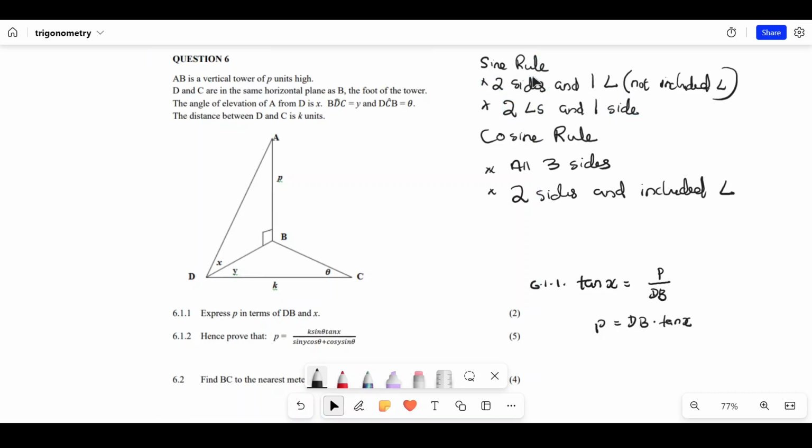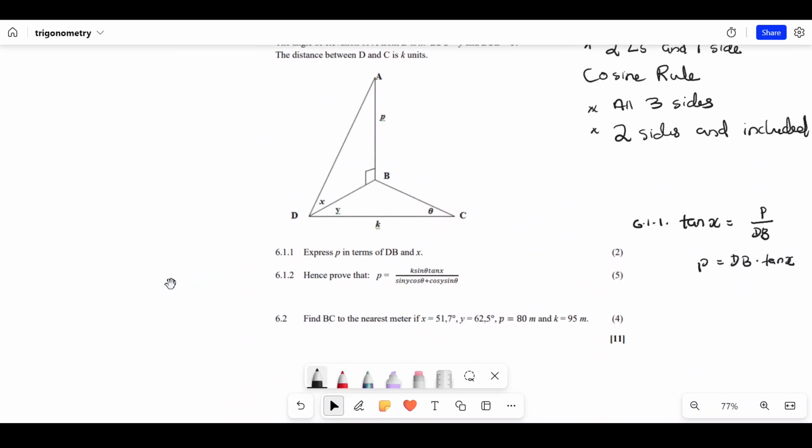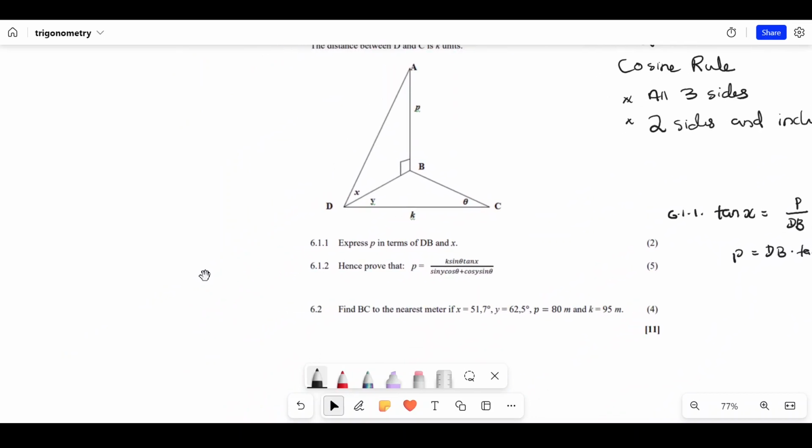That means we are going to use the sine rule. Normally 70% or 80% of the questions we use the sine rule. Okay, 6.1.2, let me answer it this side, then we can use the space to answer 6.1.2.